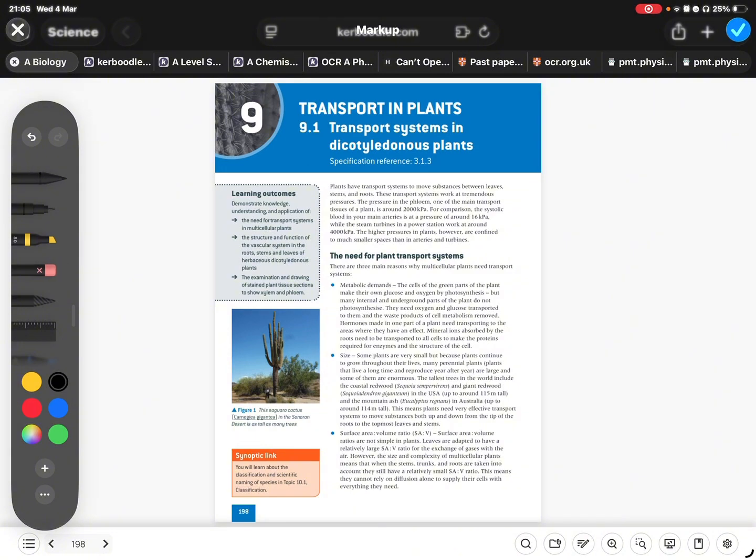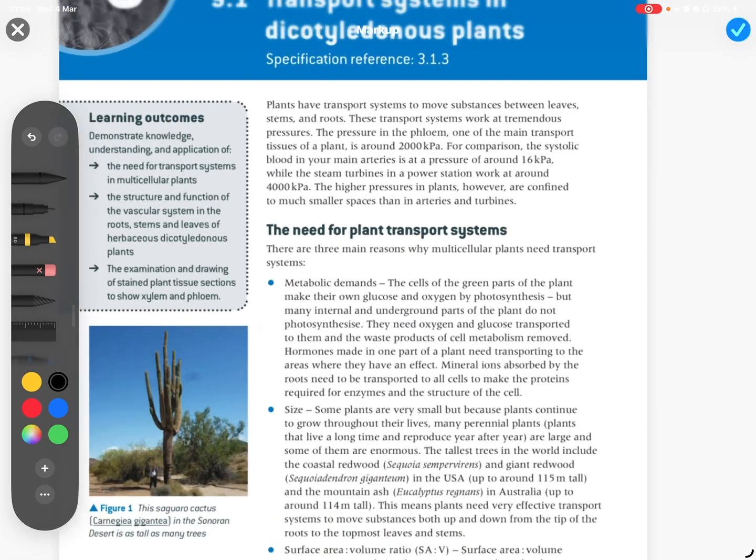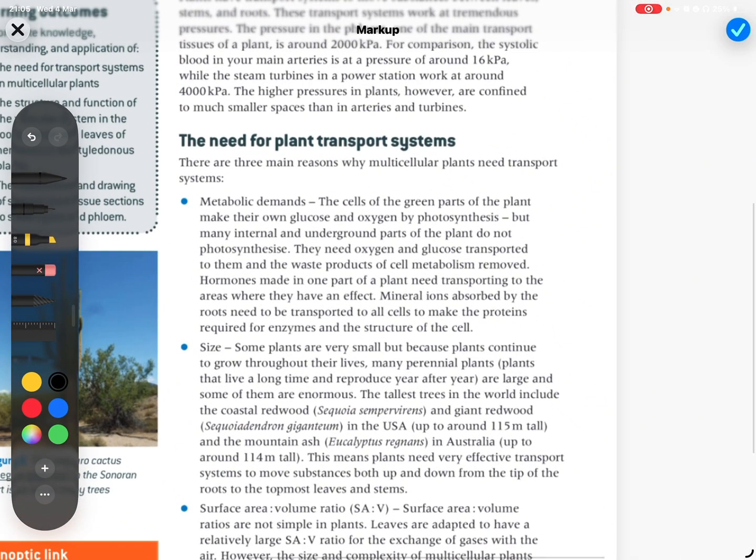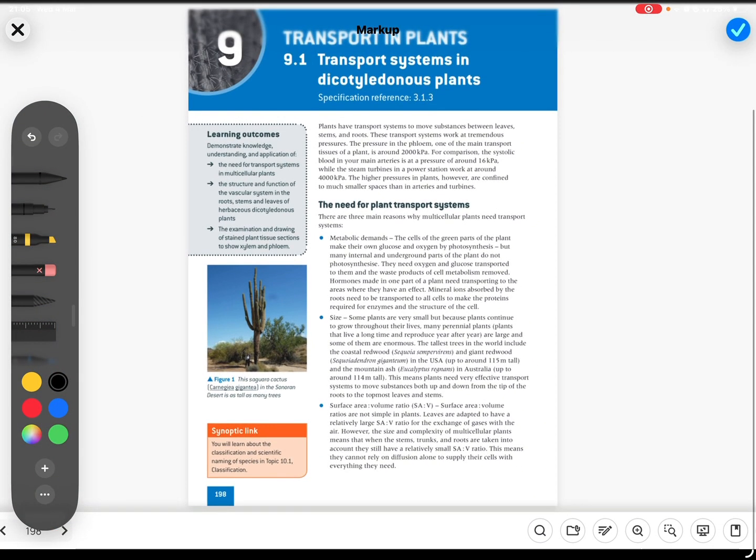Anyways, the need for plant transport systems. There are three main reasons why multicellular plants need transport systems. The first is metabolic demands. Basically, all you need to know is that different parts of the plant produce different things.